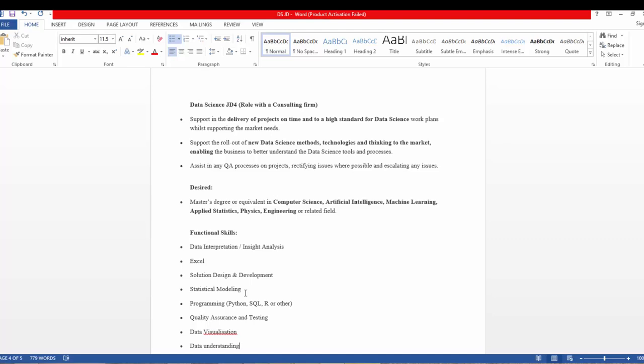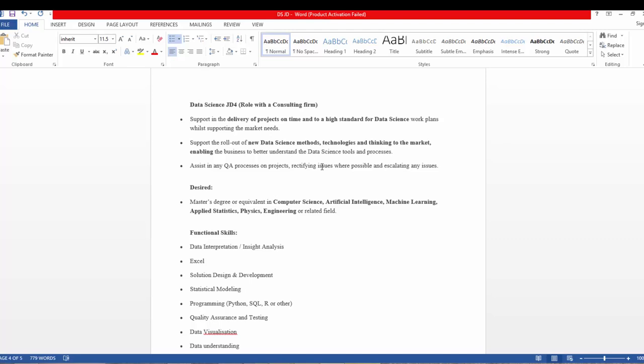Rather, it will expect you to know something about everything in data science, so that they can use you in many areas. If they have work in machine learning, they will use you there. If they have work implementing any of these big data tools, they should be able to use you there. So here they are looking for generalists with many skills in data science rather than specialists.